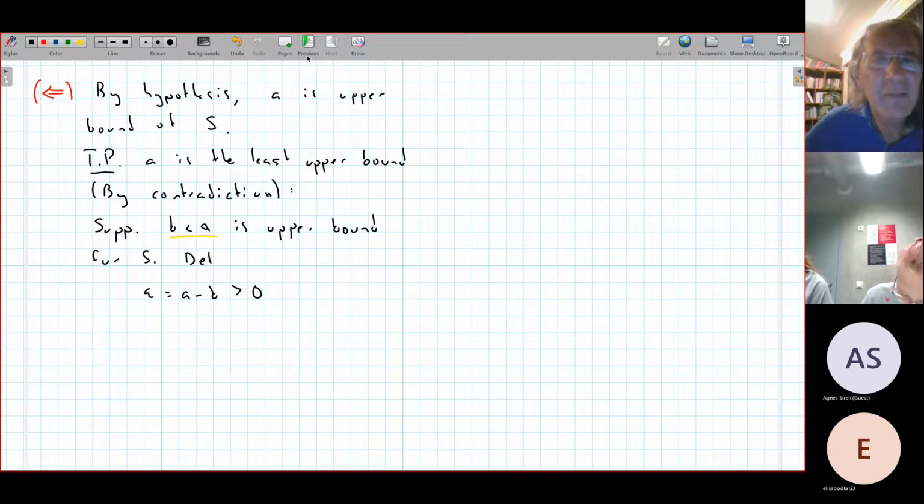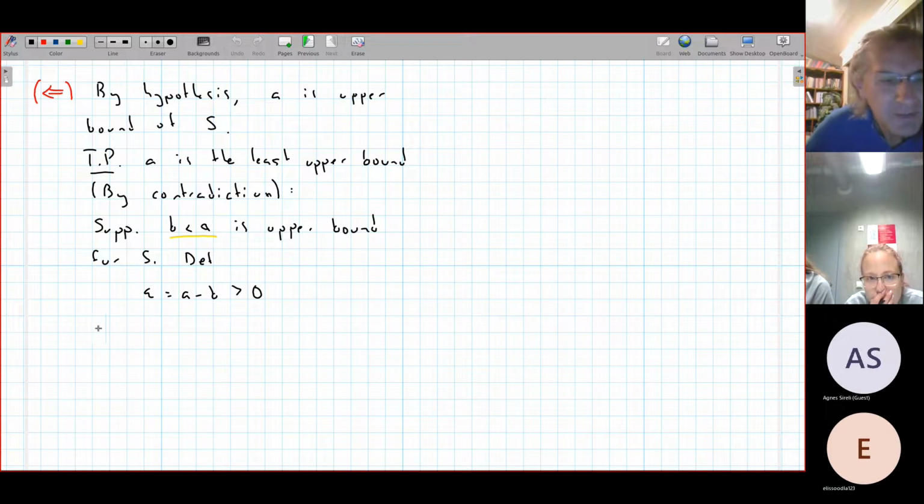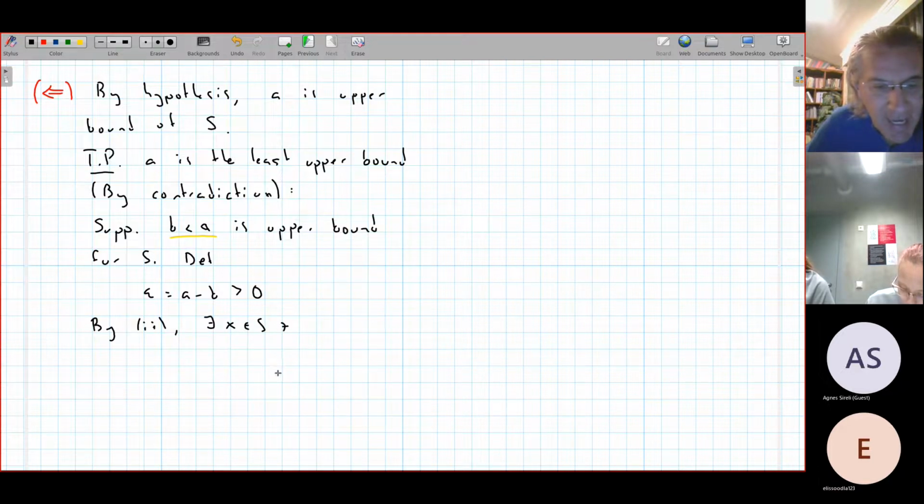Well, then you can use the hypothesis 2. So there is an x with this property. By hypothesis, there exists some x in S with the property that A minus epsilon is less than x.